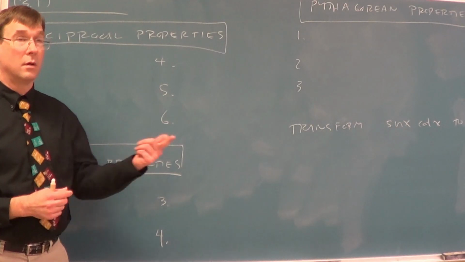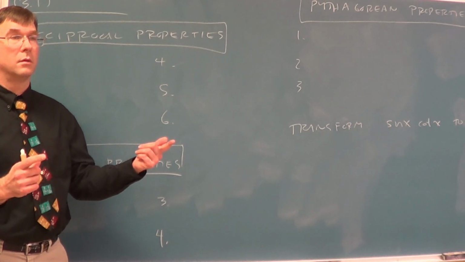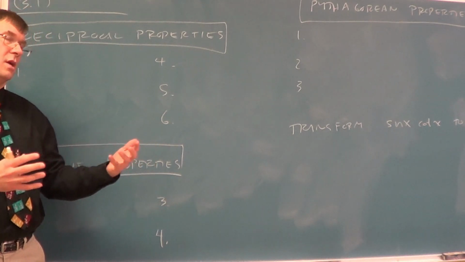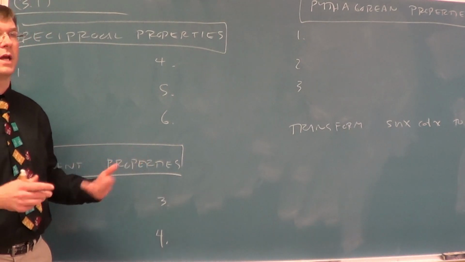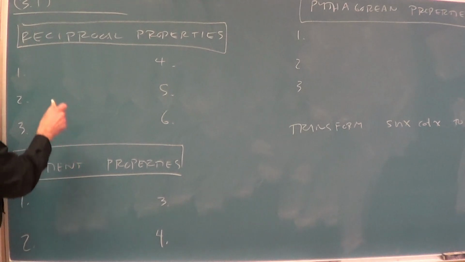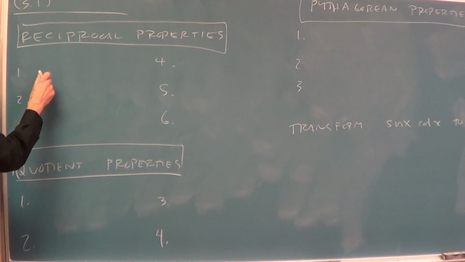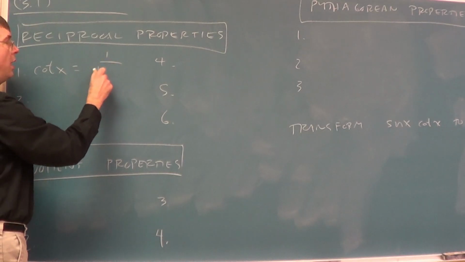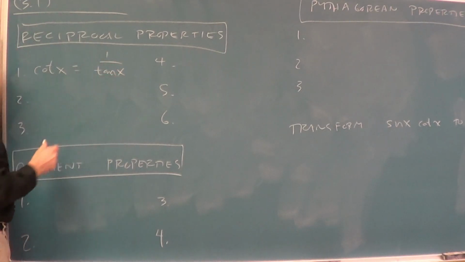Maybe like cotan and like cosecant. Who is cotan's partner? Tan. Okay, so one reciprocal property would be that cotan is 1 over tan. So there's one.